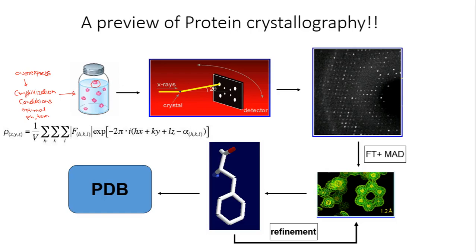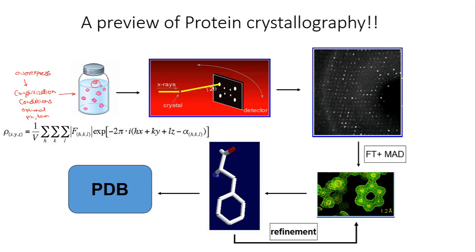And as I have mentioned before, this is the rate limiting step in crystallography. So if you heard that it took a researcher say some 10 years to solve the structure of any protein, then you should realize that of that 10 years, that researcher might have spent 8 years in finding out the crystallizing condition for that protein. So this is that time consuming process.